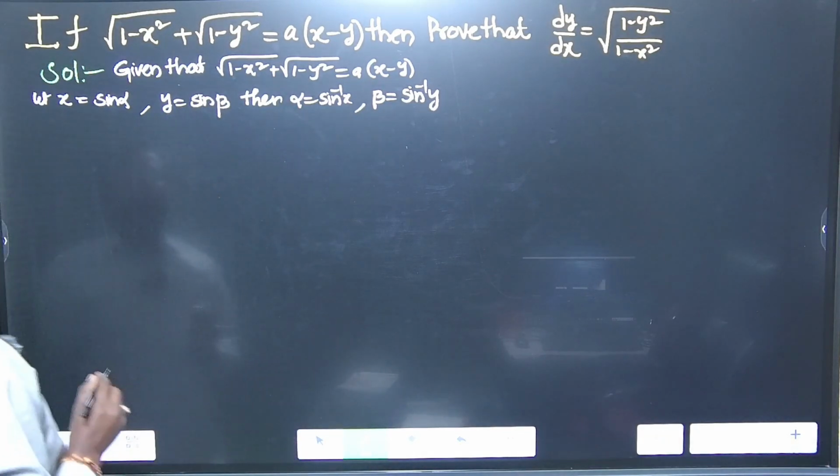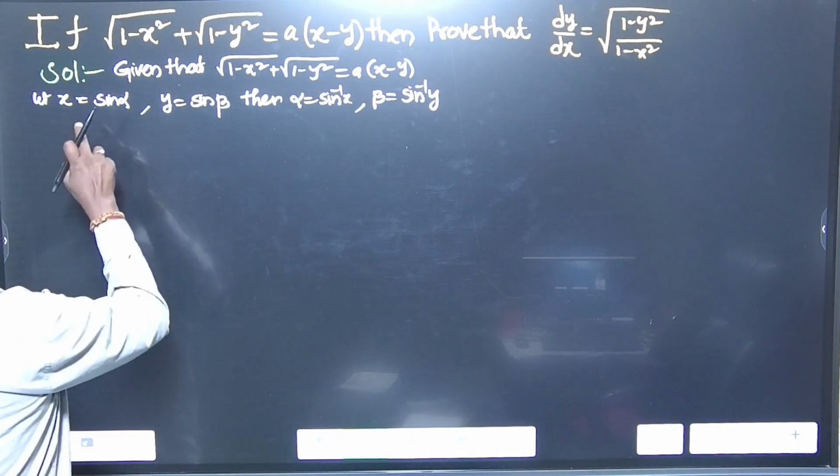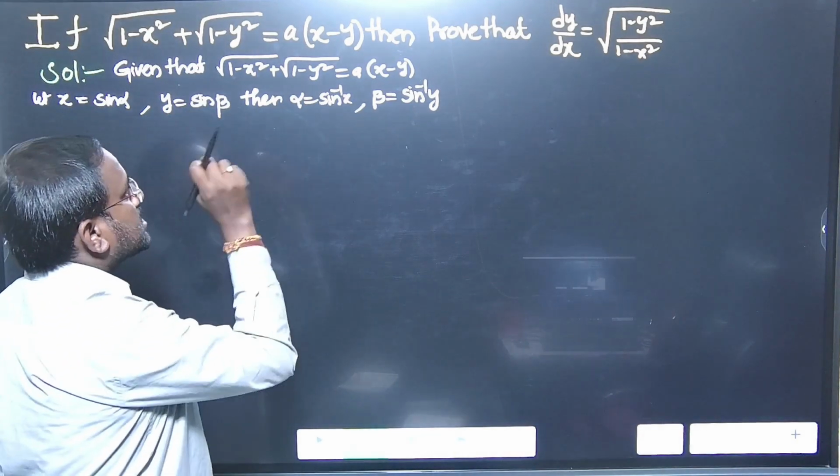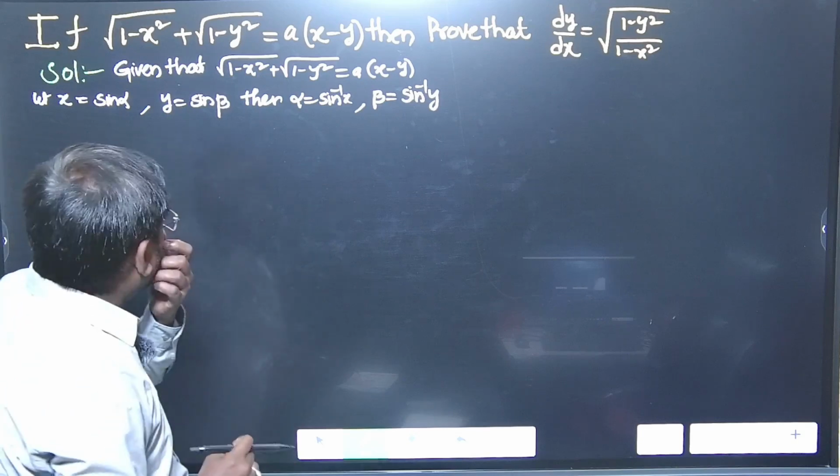Listen. Now x equal to sin alpha and y equal to sin beta are substituted in the above equation.